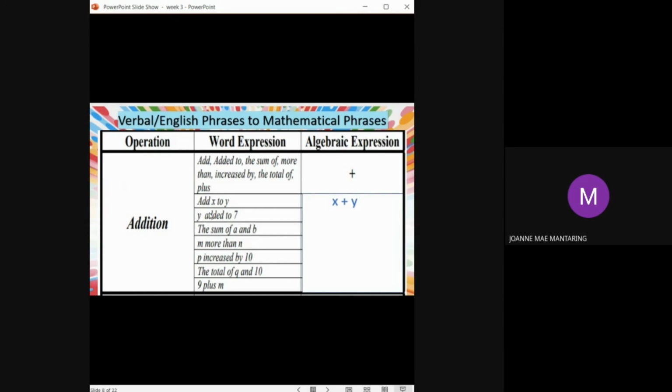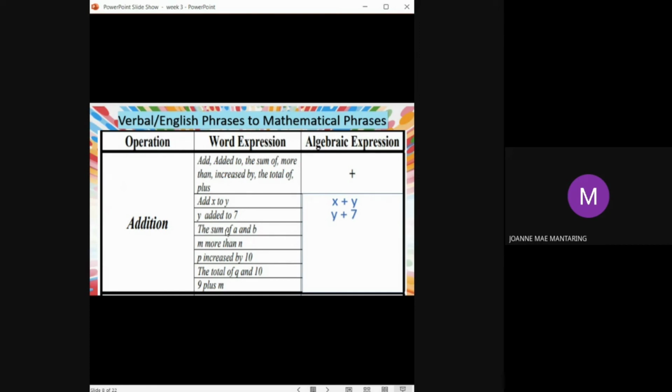Y added to 7, sorry. Y added to 7 is equal to y plus 7. Because the quantities we have is y and 7, and then the operation we have is addition, because added to is associated with addition. Another example, which is the sum of a and b.